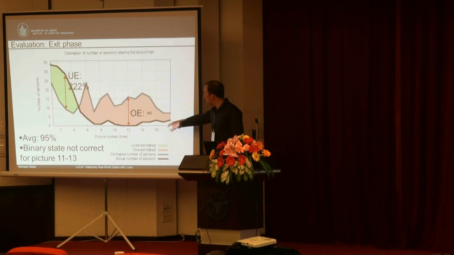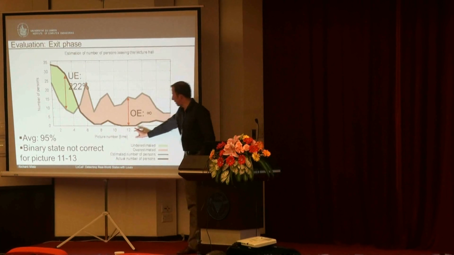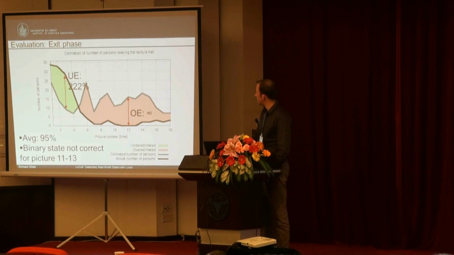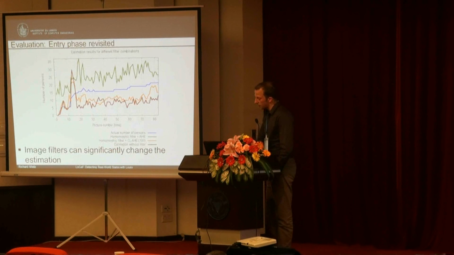And this is the first time where the binary state is also not correct, because with 0 persons the room state is free, but it's still occupied because there are still some persons. So this seems not very good, but we also use some filters to improve this result.